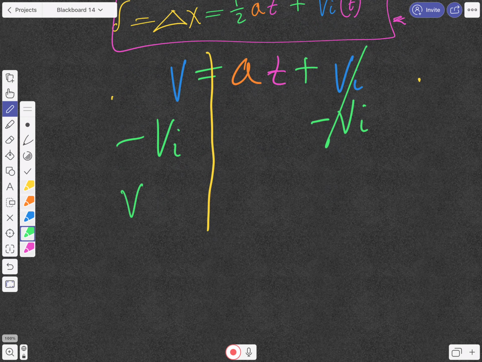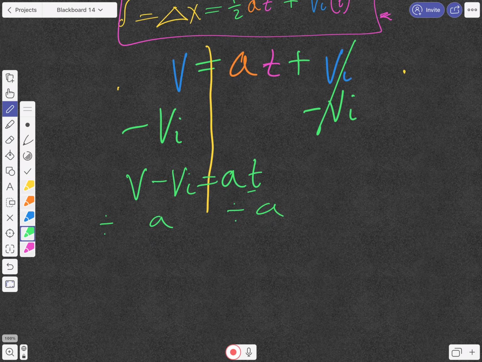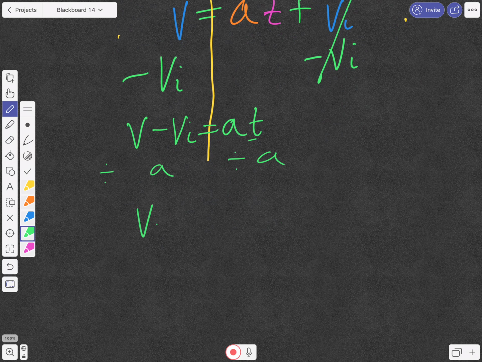And this gives us v minus vi, and that'll give us at on the other side. And again, we're trying to get t by itself, so we have to divide both sides by a. Divide by a, which will then give us v minus vi over a is t.